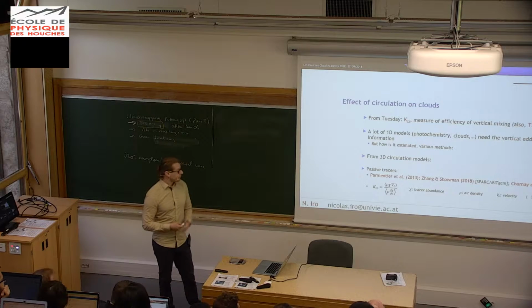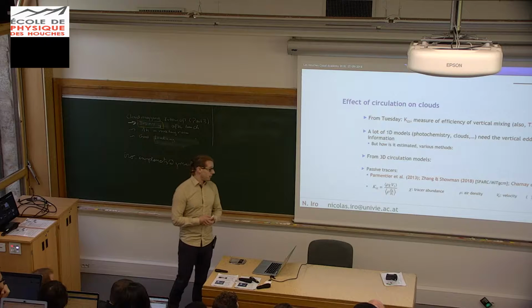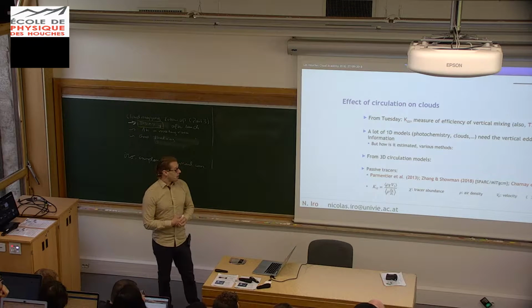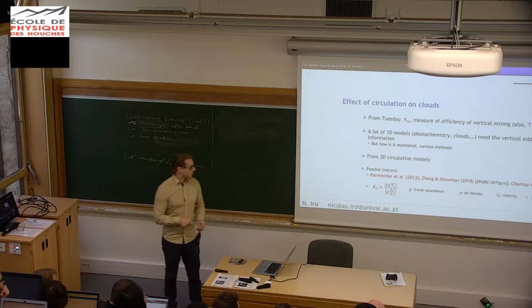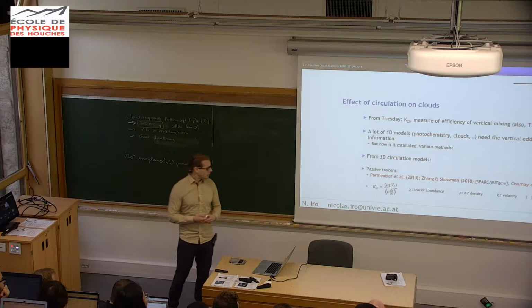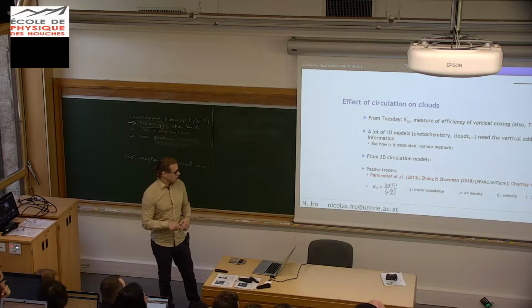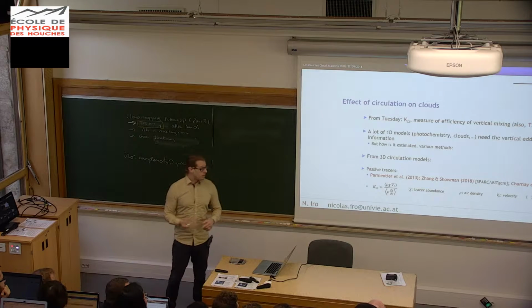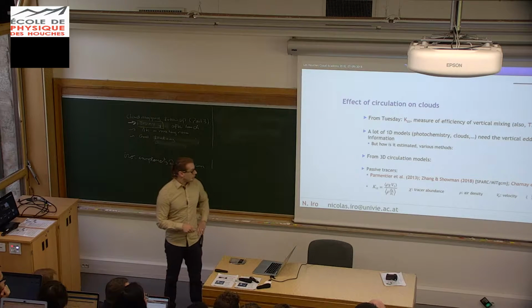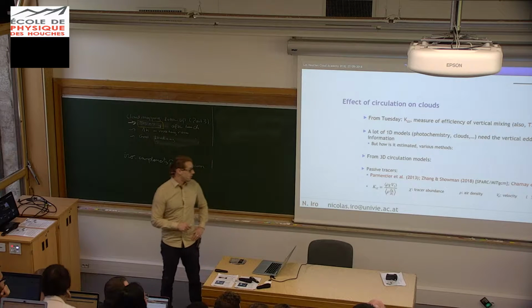Another approach is to use passive tracers. Vivien wrote about it, and Zhang and Showman extended the formalism a little bit with the MITgcm SPARC. And Benjamin also used this approach with the LMD GCM.